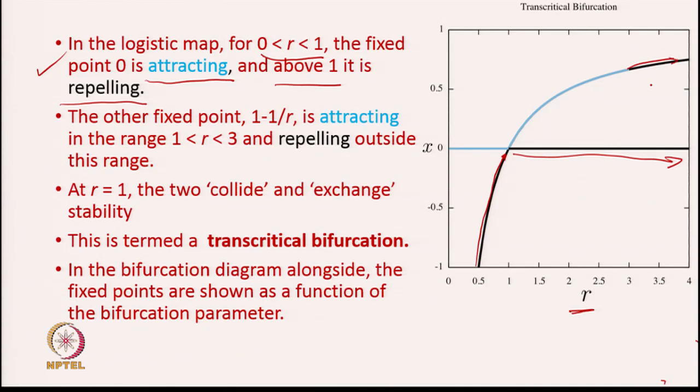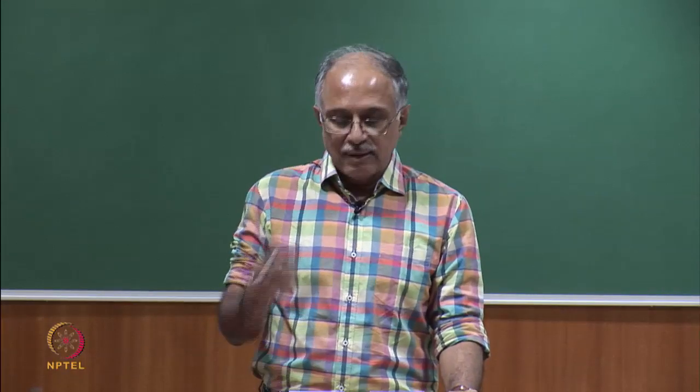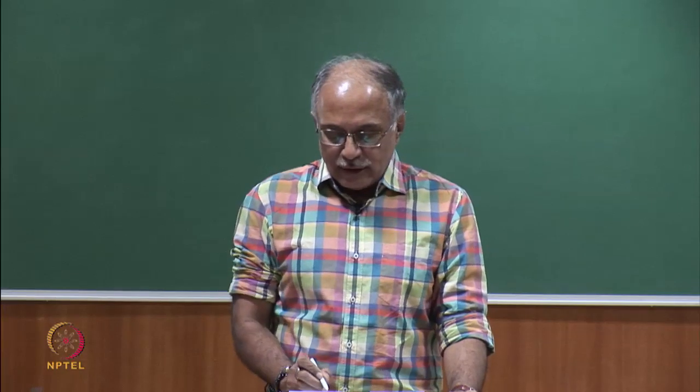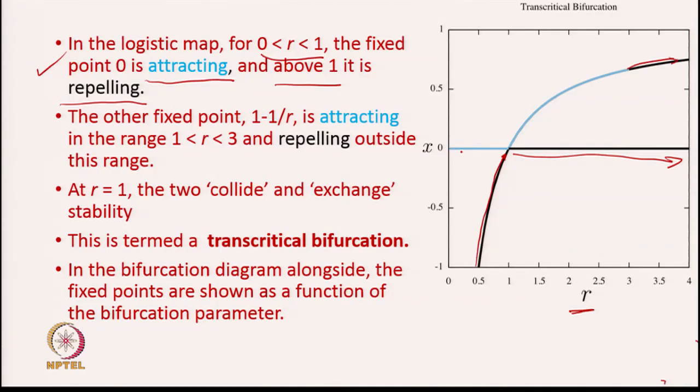Now, as we change the parameter r from 0 up to 1 and beyond 1, it looks as if these two fixed points come and collide with each other, they merge at this point, and subsequent to this point, what was an unstable fixed point now becomes stable, what was a stable fixed point now becomes unstable.